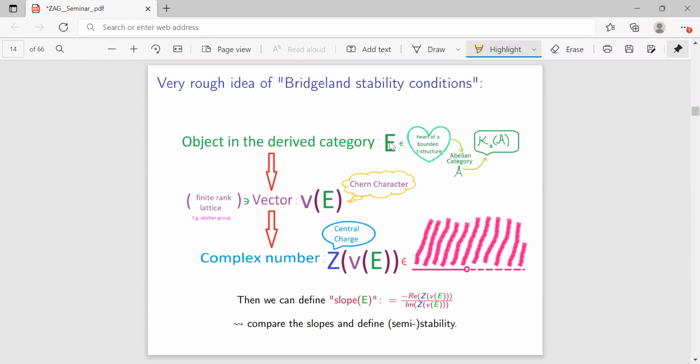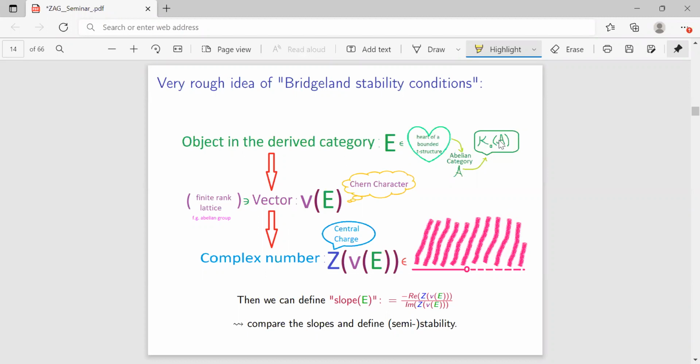Basically, you take this object in the heart of a bounded t-structure, which I will define later. This is supposed to be an abelian category, or more precisely, you take your object in the K0 of this abelian category A. But as we said, this K0 of A is usually not finitely generated, so it's easier to work with a finitely generated group.